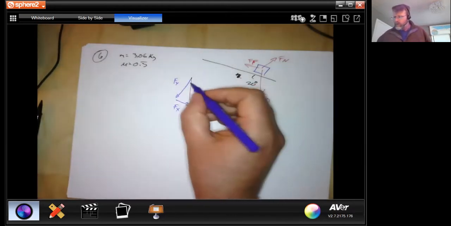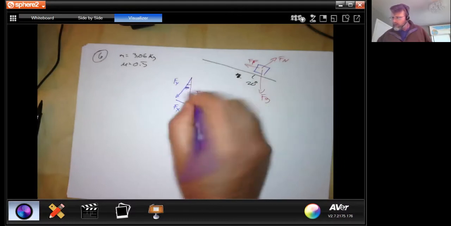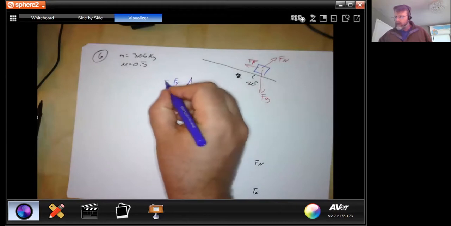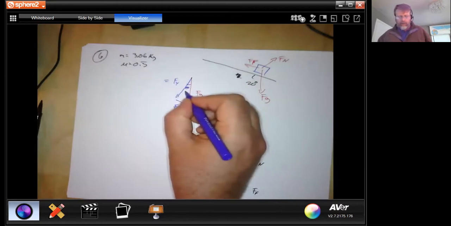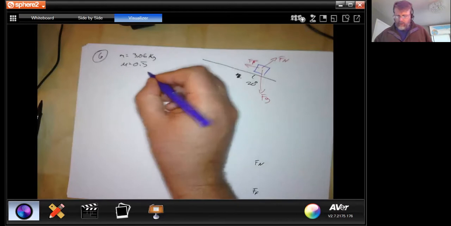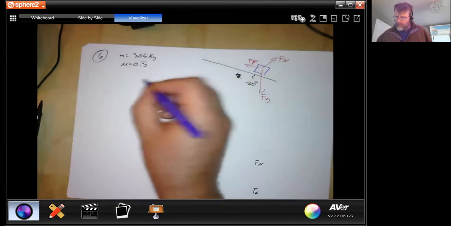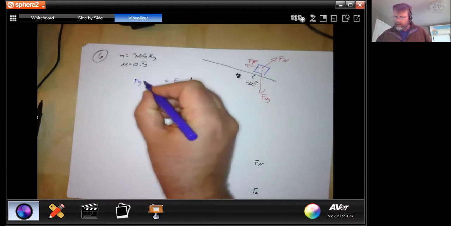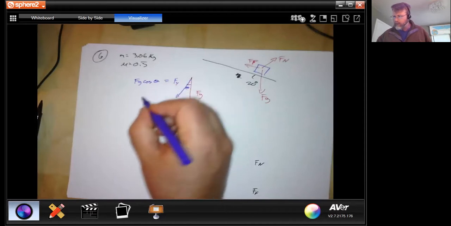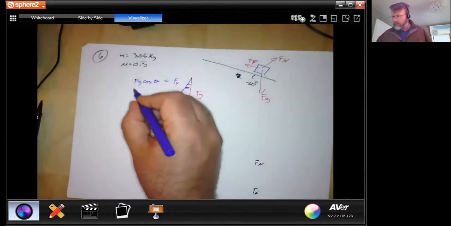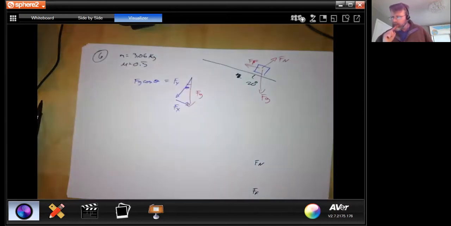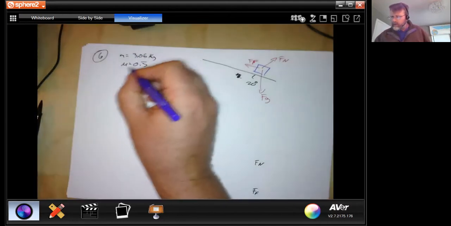Let's figure out what these are just in case we need to know these things. Here's my angle, same angle as that. So now I am adjacent. So I'm going to do force of gravity adjacent is cosine of theta. Remember, we still have the same force of gravity.